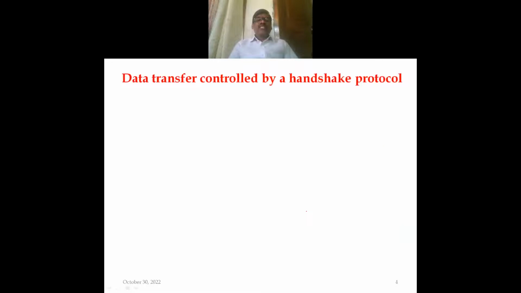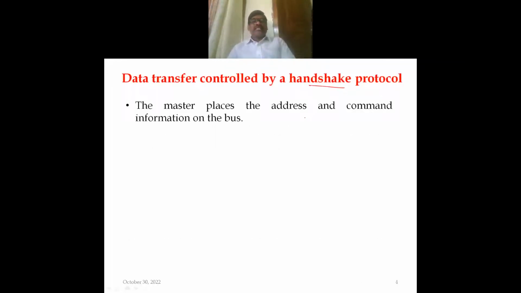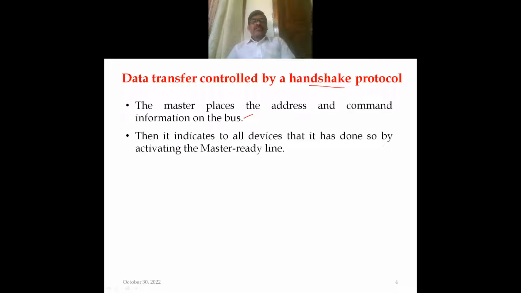So how the data will be transferred? The data transfer will be controlled by a handshake protocol, that we will see now. The master places the address and command information on the bus. Then it indicates to all devices that it has done so by activating the master ready line.